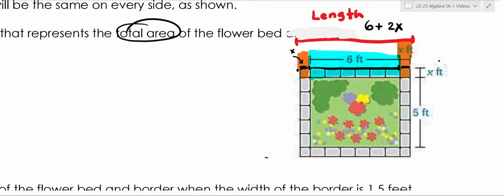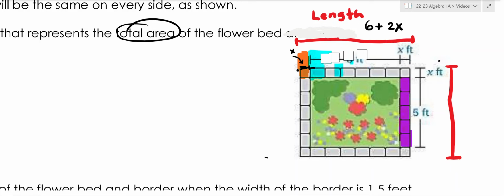Okay. So now let's talk about a width. So the width is going to start here and it's going to go all the way down here, including the paver. Clear? Now we know this is 5 feet. Okay, so let's get rid of some distraction. As wonderful, as helpful as it was.